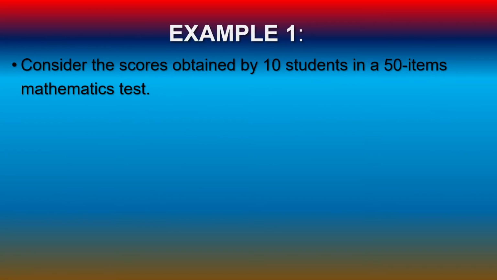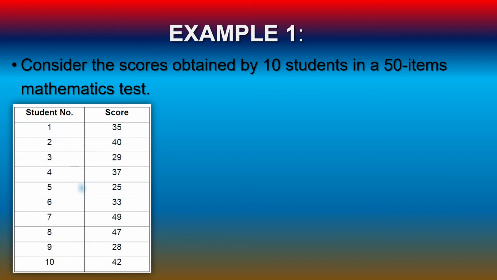Example: consider the scores obtained by 10 students in a 50 items mathematics test. Student 1 got the score of 35, student 2 got 40, student 3 is 29, student 4 37, student 5 25, student 6 is 33, student 7 49, student 8 47, student 9 28, and student 10 is 42.